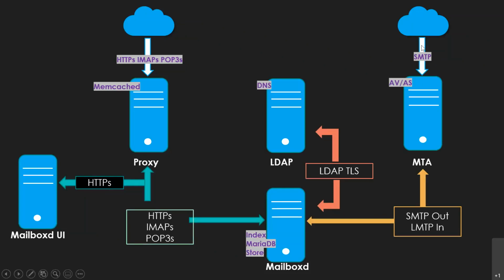In the MTA, antivirus and anti-spam checks are done, and after the checks, the MTA sends that email to a mailbox server, and the mailbox server processes that email using LMTP and delivers it to the respective user's mailbox.